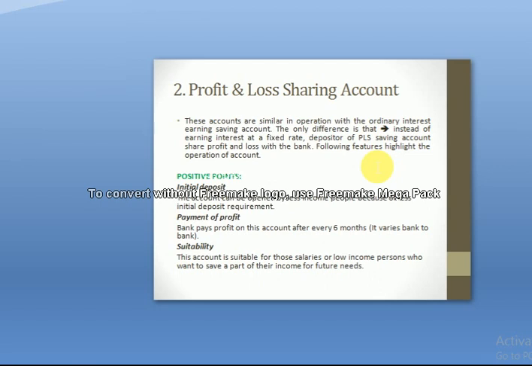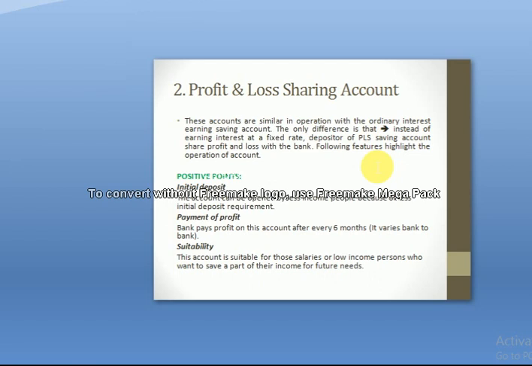The next benefit is suitability. This account is suitable for salaried persons or low-income persons who want to save a part of their income for future needs. This account is not suitable for the businessman, clear?